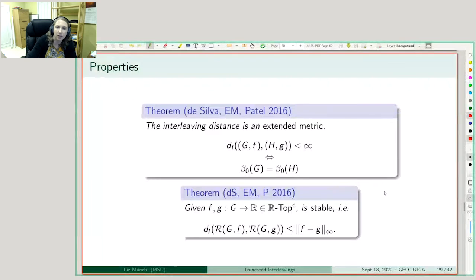It is stable in the sense that if you give me two input functions on the same starting underlying space, if I take the interleaving distance between the Reeb graphs of those two things, it's upper bounded by the L infinity distance of the original functions. That should probably not be a G, that should be an X. I guess it could be a G, it doesn't matter.